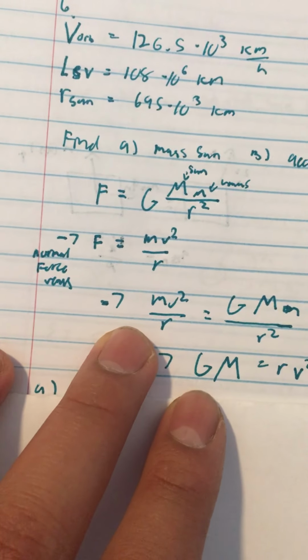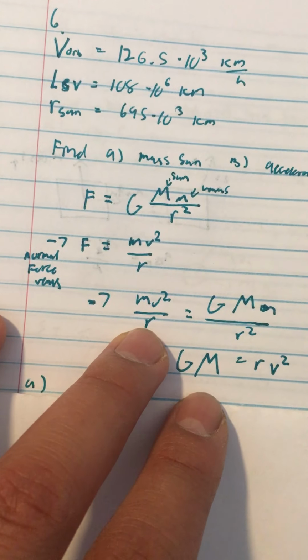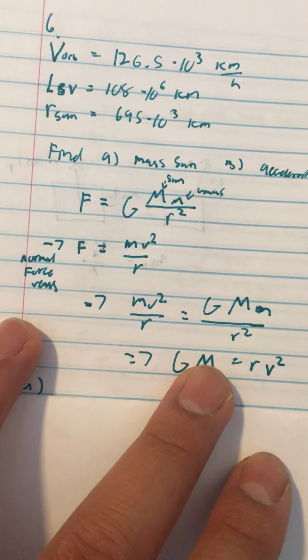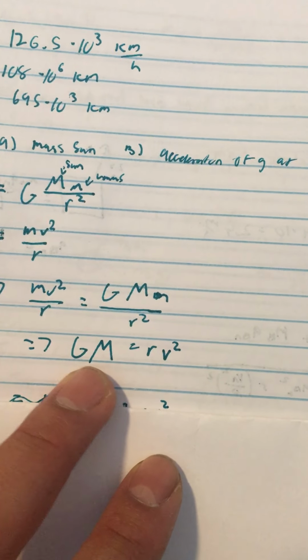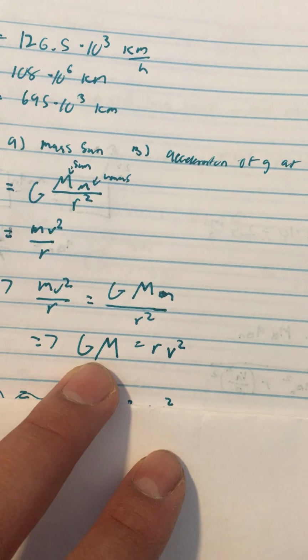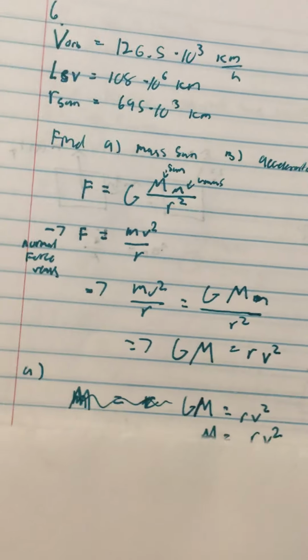This is our other force equation. We know they have to be equal to each other, and then we solve it. We get big G times big M equals the radius times their velocity squared.